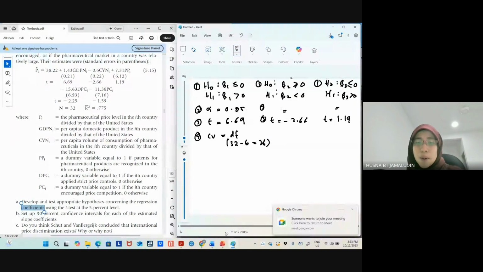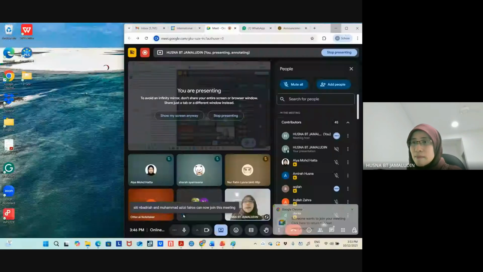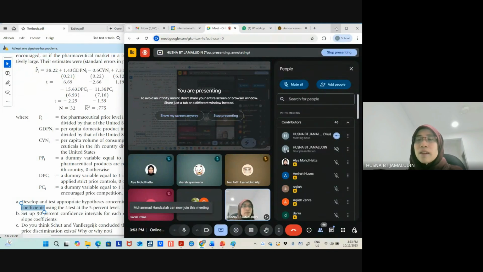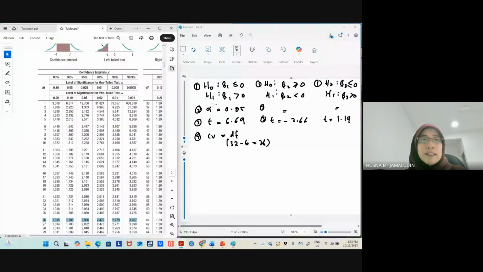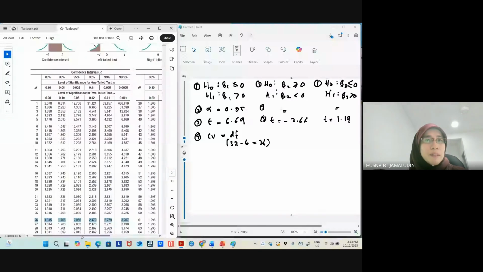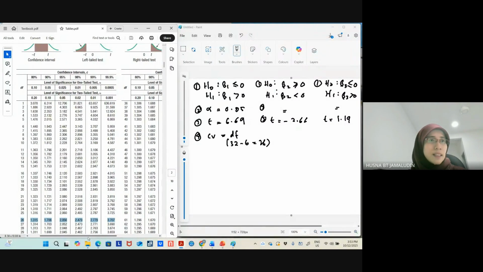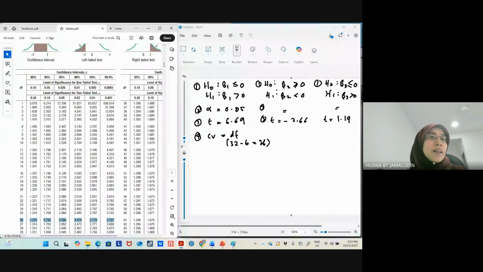Let's go to the table. Okay, where is the T table? Okay, so this is your T table. I hope that this table is clear enough. Under your T table, you have level of significance for one tail and for two tail. All of them are actually bigger, lesser, or not equal. So this is the example of one tail.